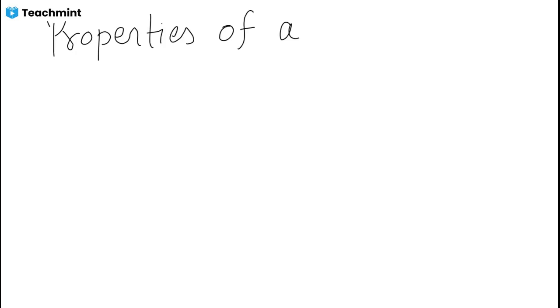First of all, let us learn the properties of norm. Then we'll do types. Properties of a norm of a vector.